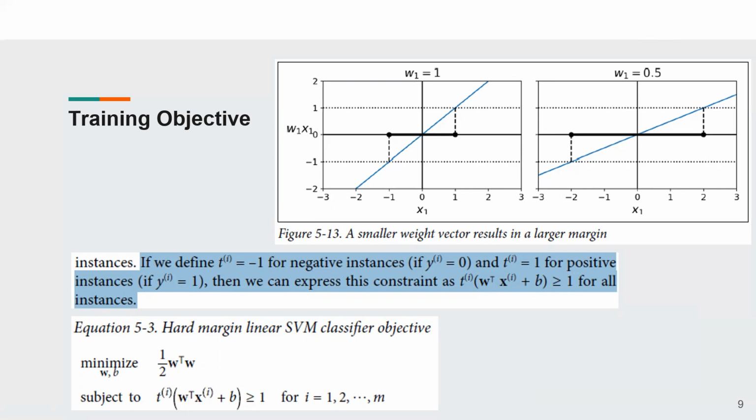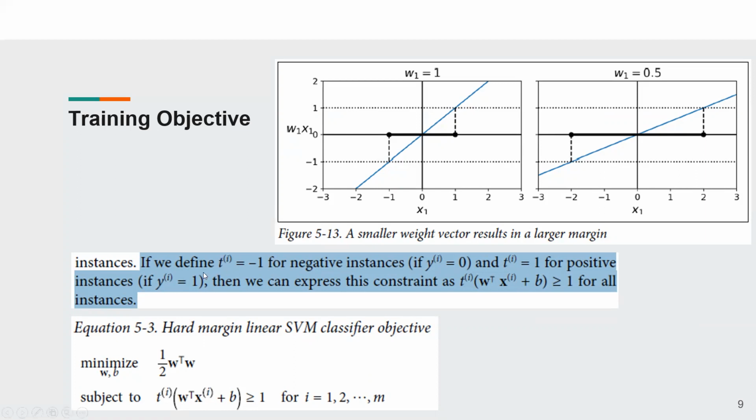The reality is we're trying to minimize one half of W transpose times W with certain constraints. If you recall, we have W^T x plus b larger than 0 or less than or equal to 0.